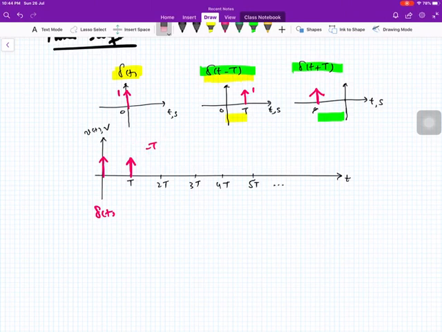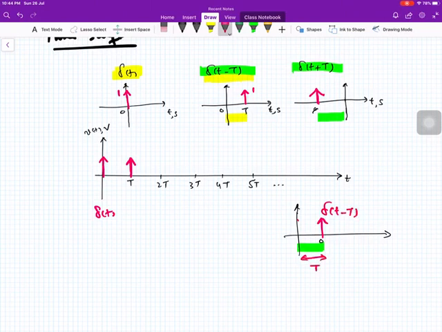I will repeat. If this is the origin, this is the original unit impulse function, and now if I shift the origin to negative side, as our origin was here and we have shifted it to this side, this is delta t minus t, because we have said that this shift is t seconds.